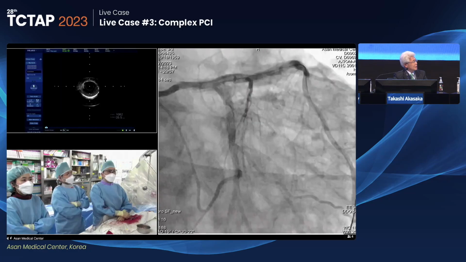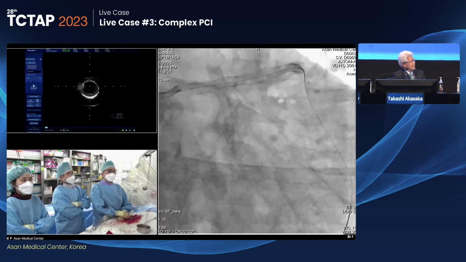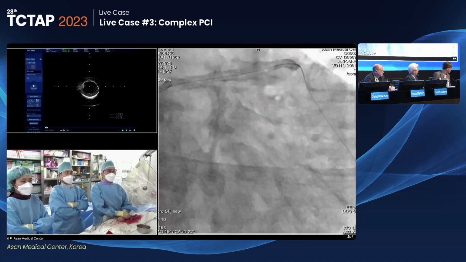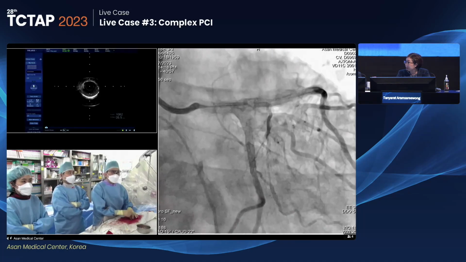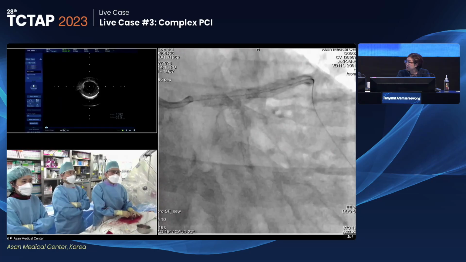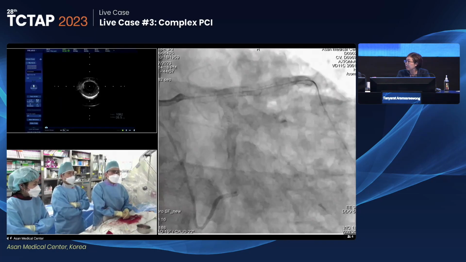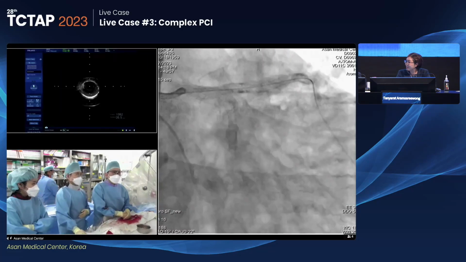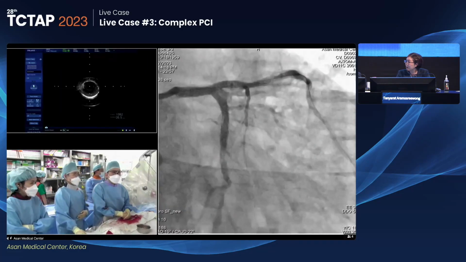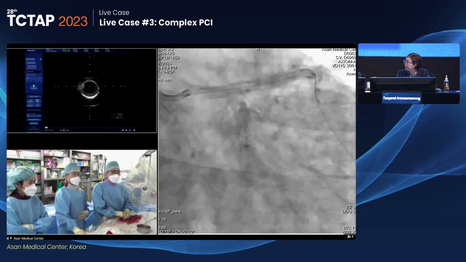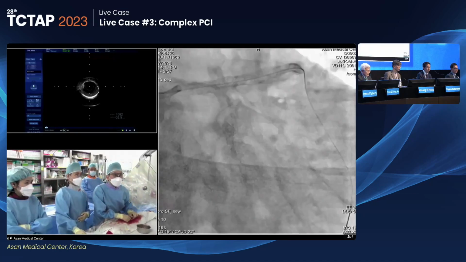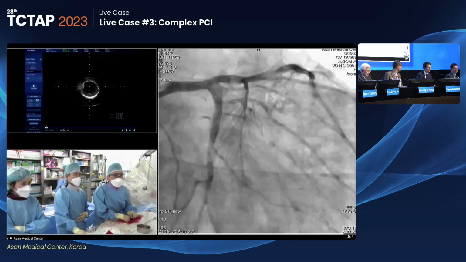Any other question or comment? Yes, please. Is it possible in this case that we do only the drug-coated balloon to the circumflex and inside the LAD, and see what's going on, because we don't have shock wave and we don't have another equipment to break the calcium? Pardon? Can you speak again?